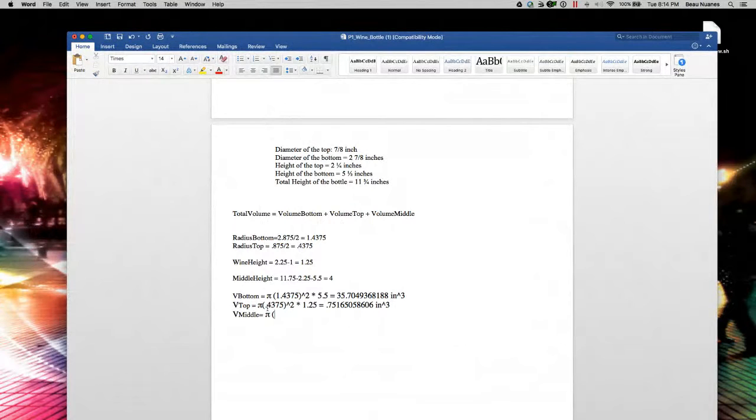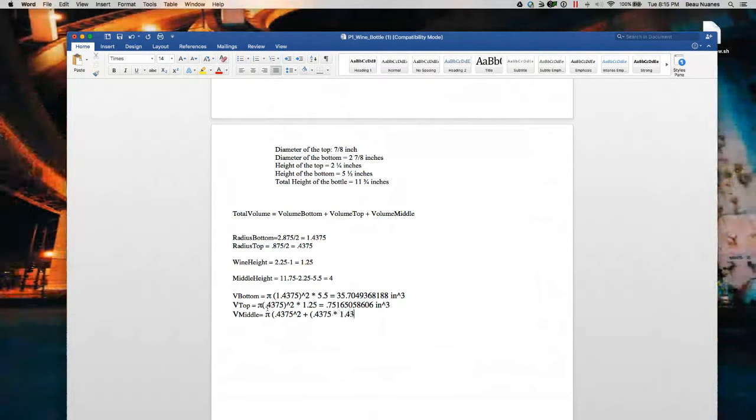So the volume of the middle is going to be pi times 0.4375 squared plus 0.4375 times 1.4375, times 4 divided by 3. Okay.